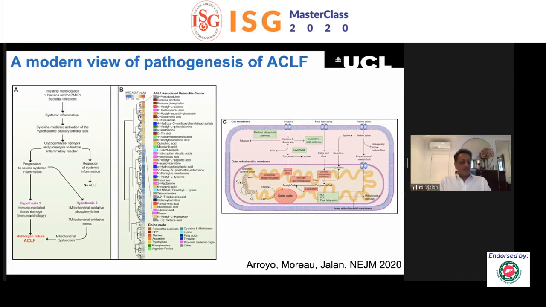And these are patients, we think, with grade 4 to 6 organ failure, where they have got to a point where they've got a mitochondrial shutdown and the chances of survival would be very little.